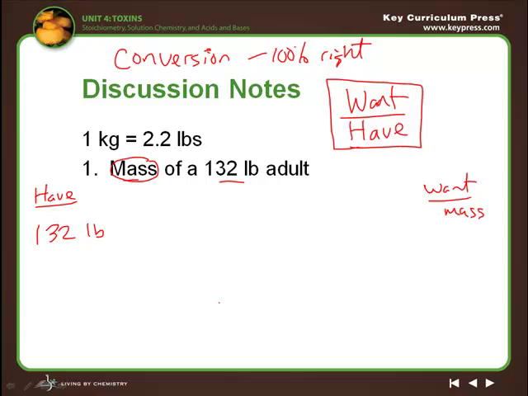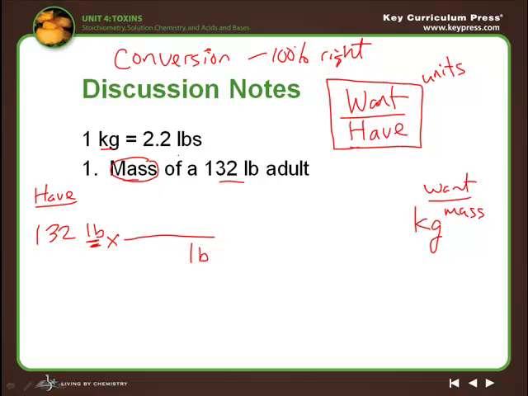Let me show you how it works. We have 132 pounds. We multiply it by what we have goes on the bottom. What we have is the units. We make sure our units are correct. We have pounds, so I put pounds on the bottom. What do I want? I want mass. The unit for mass is kilograms in this case.